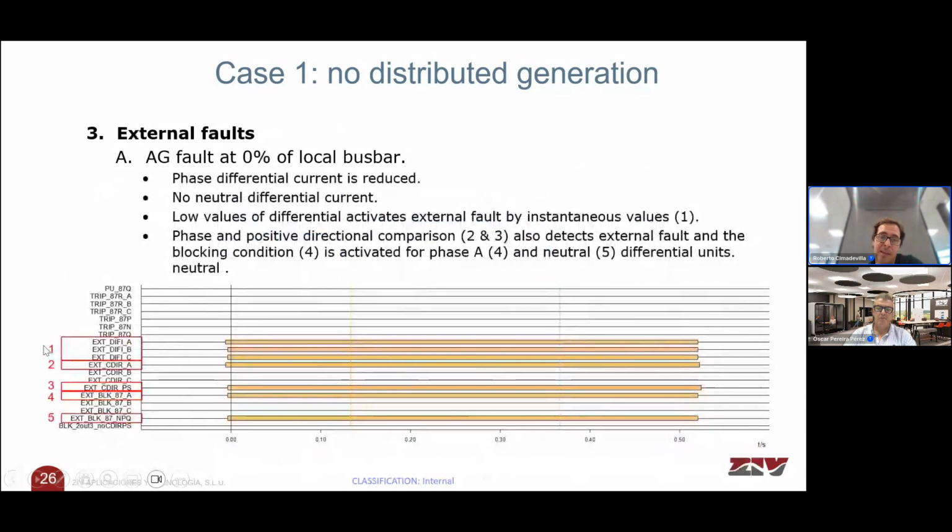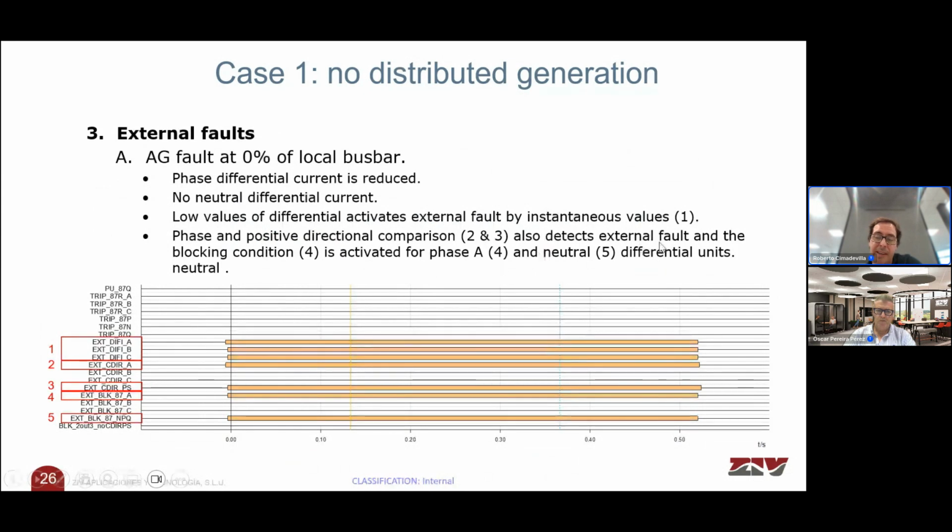So this fault is detected by our external fault detector that uses 3 units. The first one uses the ratio between differential and restrained current based on samples, that is these units. And the second ones use phase and positive sequence directional comparison, that is signals 2 and 3.